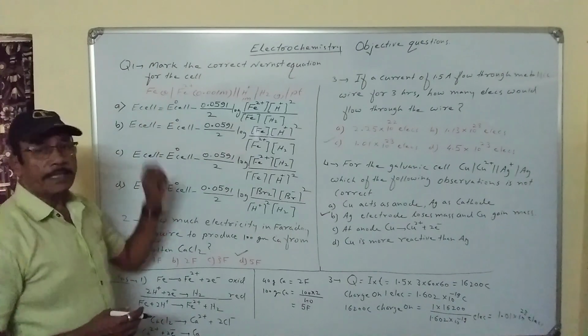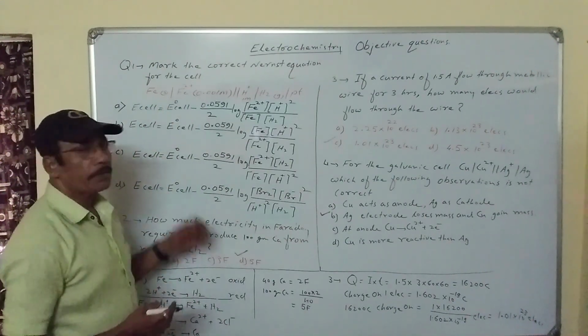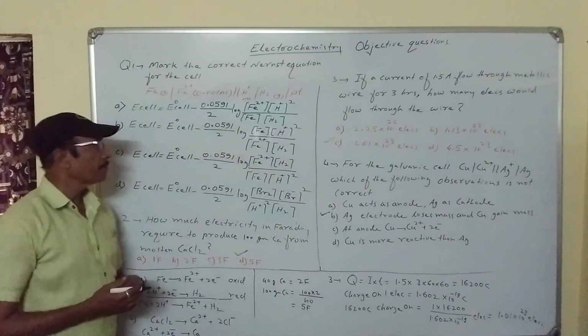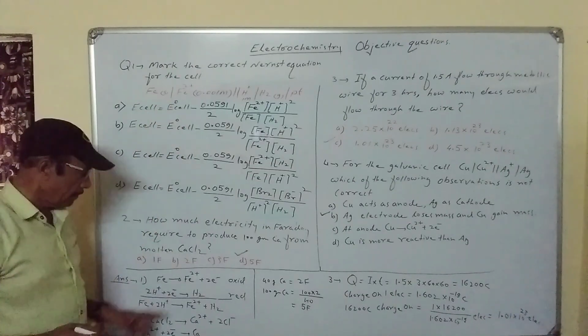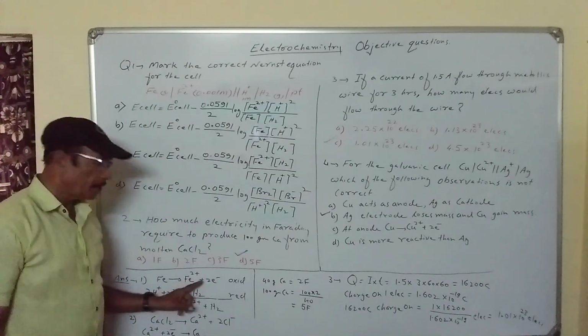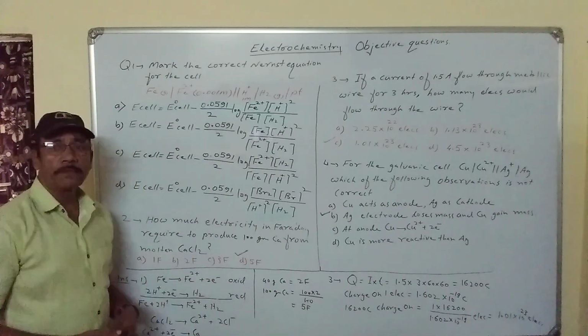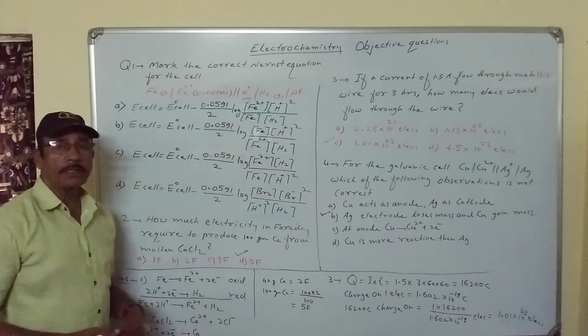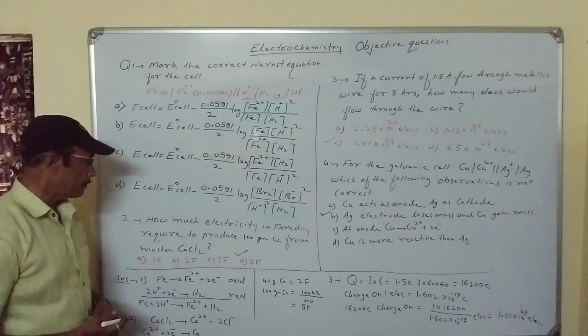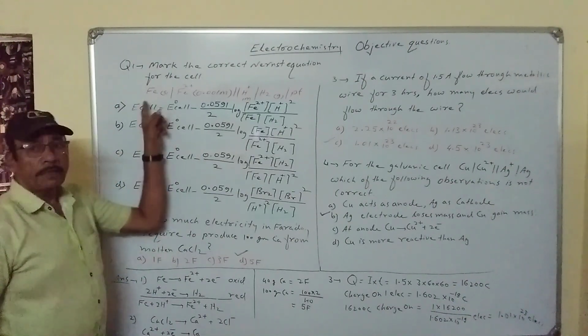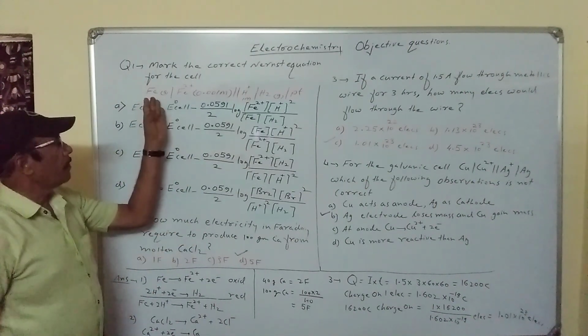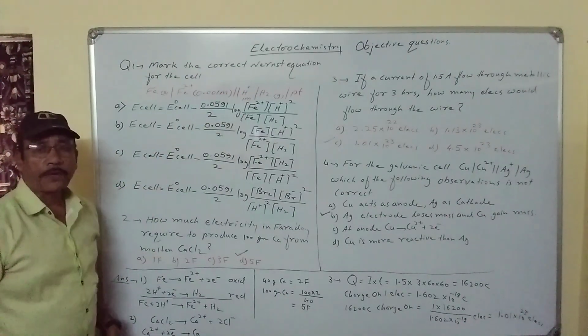At the left hand side electrode, where oxidation occurs, the reaction will be Fe gives Fe2+ plus 2 electrons. Fe changes to Fe2+ by the loss of 2 electrons; loss of electrons is oxidation. Iron produces electrons, which flow from iron to hydrogen.